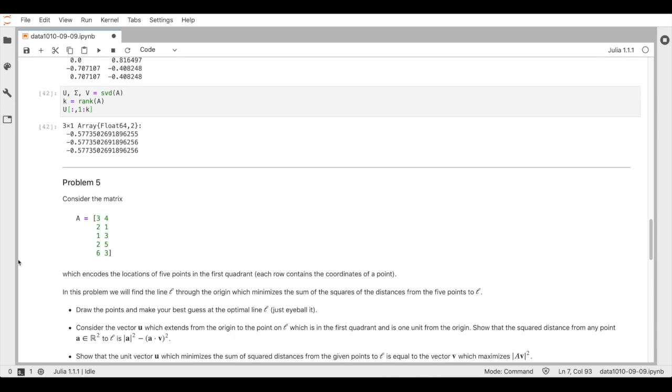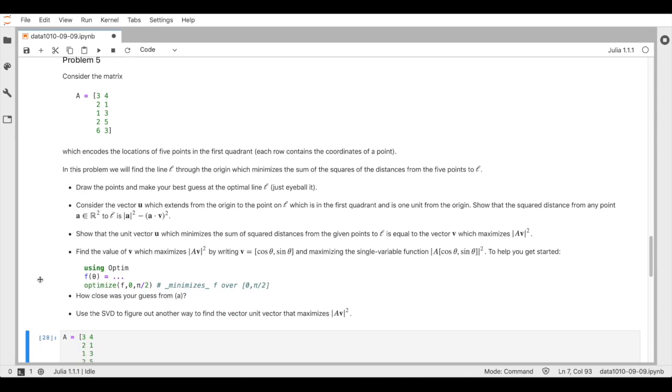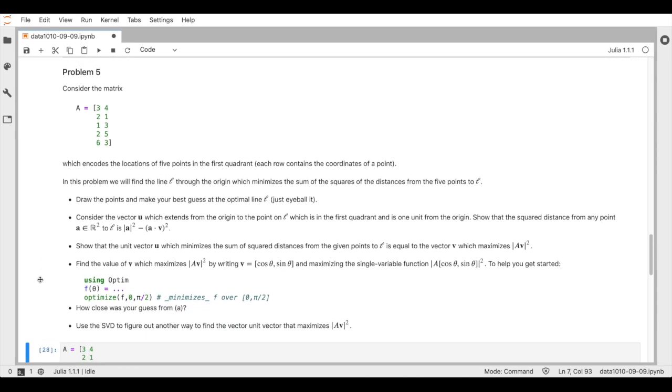Let's move on to problem 5. So this problem addresses one of the most important aspects of the singular value decomposition, which is that it gives you a way to find a vector subspace which minimizes the sum of squared distances to a given set of points. So let's look at that in a really concrete case here in the plane, where we have these 5 points, (3, 4), (2, 1), (1, 3), and so on.